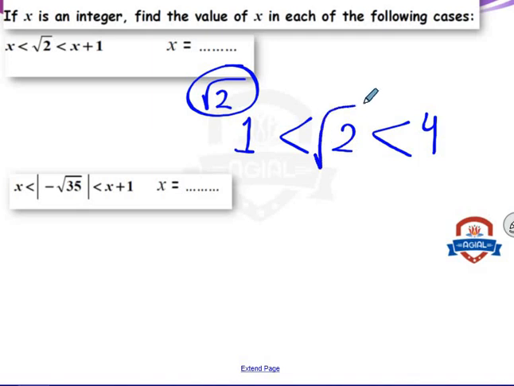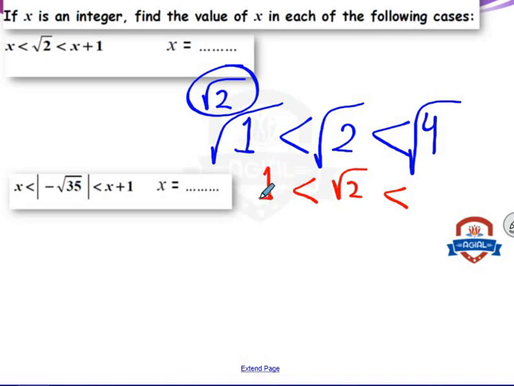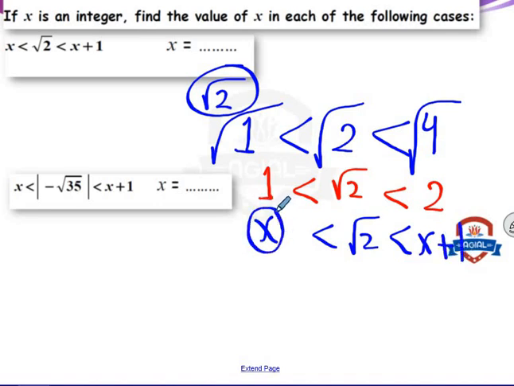Then find the square root of each number. So we have here the square root of 2 in between 1 and 2, so here x and x plus 1. So here x will be 1.